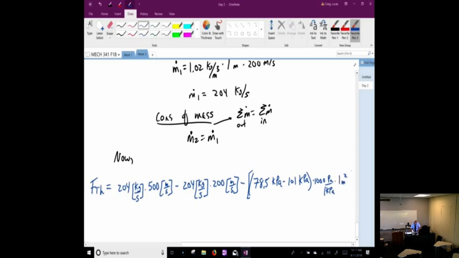Well, isn't that going to be negative? It will be, yep. Then it will add on to that. And you end up getting 83 or 84 kilonewtons.